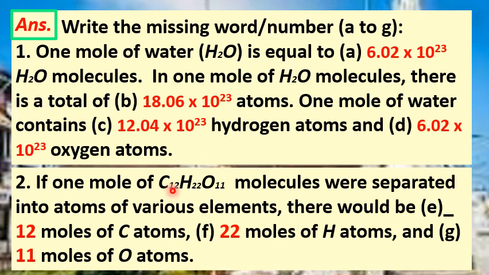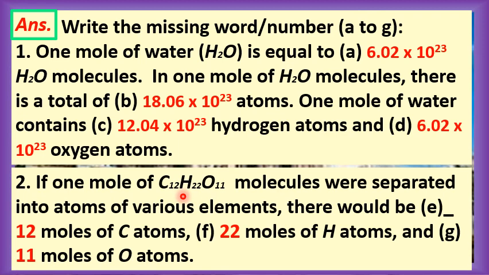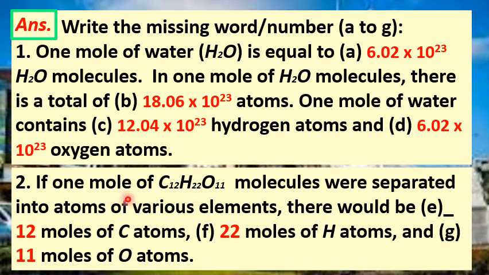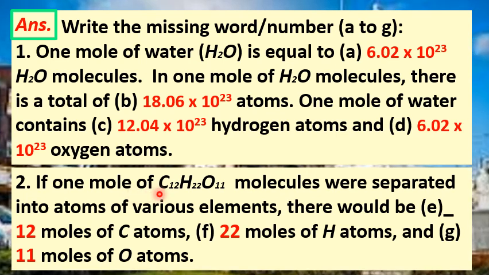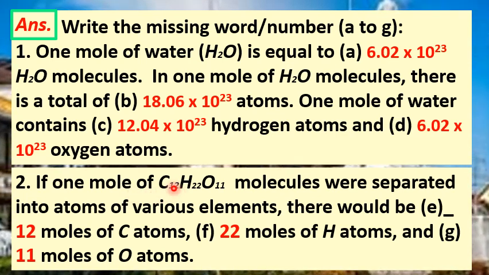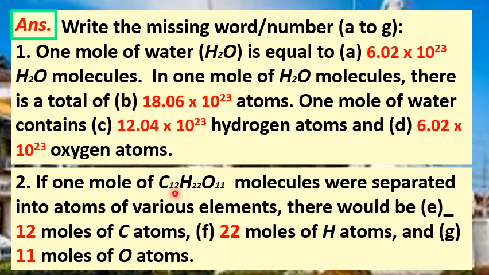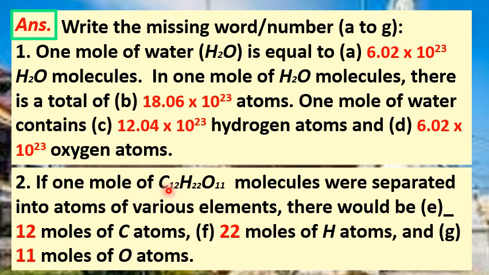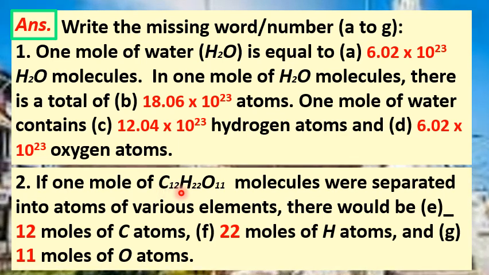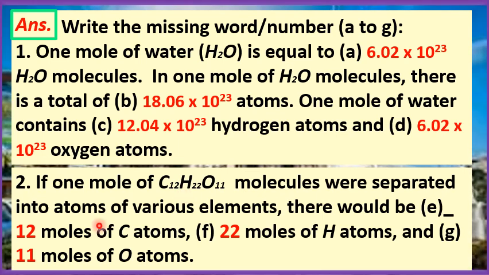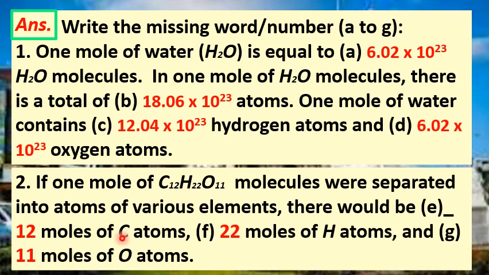In this formula for sucrose, which is exactly 1 mole of sucrose molecules, the subscript for each atom, for example the subscript 12, can also be interpreted to mean that there are 12 moles of carbon atoms.